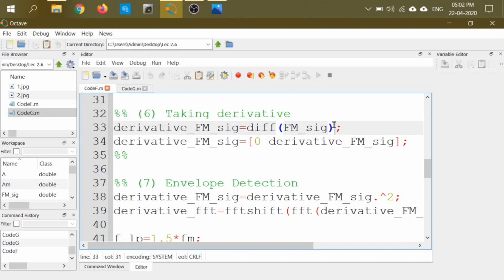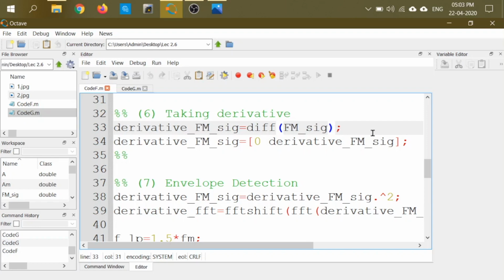And another important thing is, when you take the derivative through this diff command, your signal will reduce in size by one sample. Why? Because for the first sample, you have the difference between the second and the first sample. For the second sample, the difference has to be between the third sample and the second sample. For the last sample, there is no point from where you should subtract the current value.